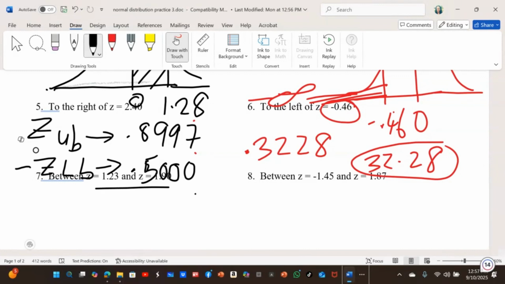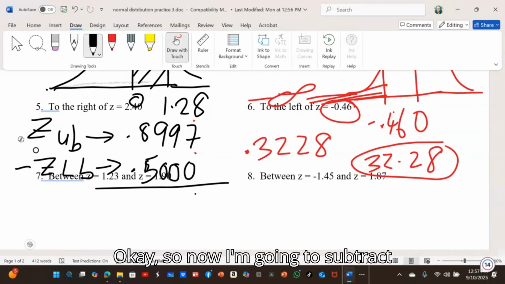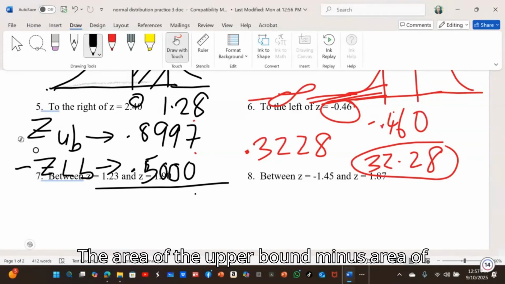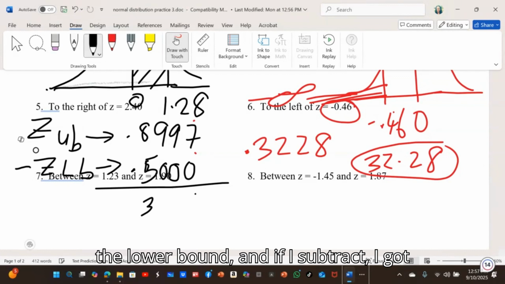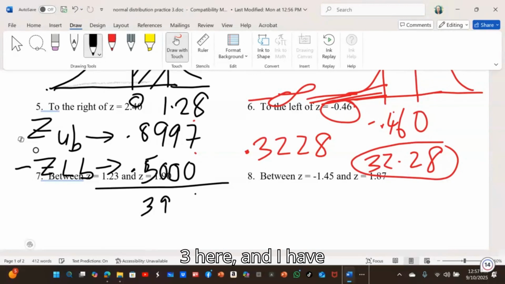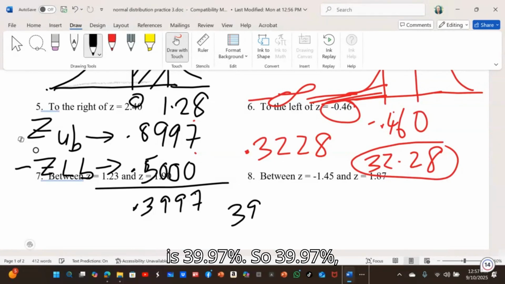Now I'm going to subtract the area of the lower bound from the area of the upper bound. If I subtract, I get 3 here, and 9, 7. So the area between is 39.97%.